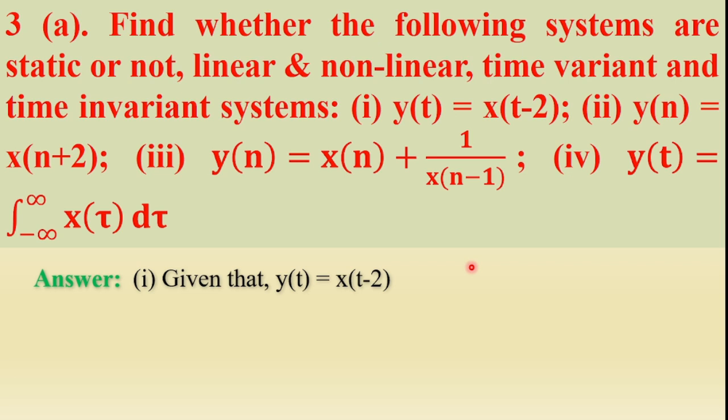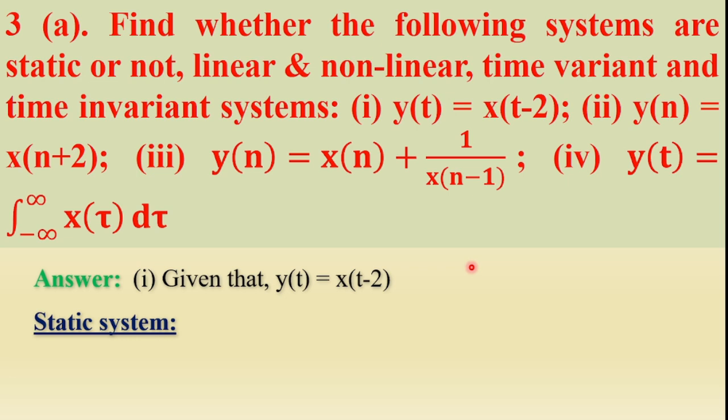Otherwise, it is said to be dynamic system. So in this system, substitute different values of t, where t varies from minus infinity to plus infinity. For all values of time t, the output of the system depends upon only the present values of the input, then the given system is static system.